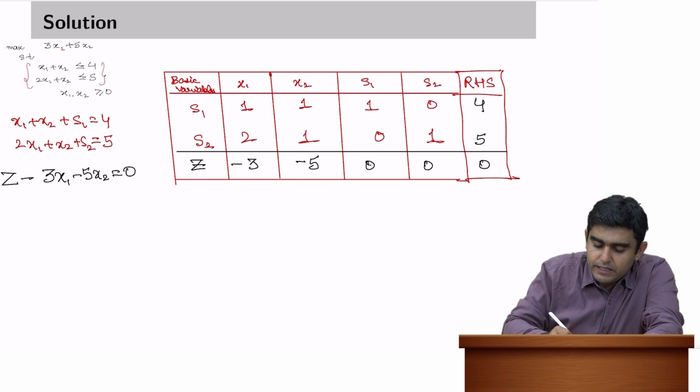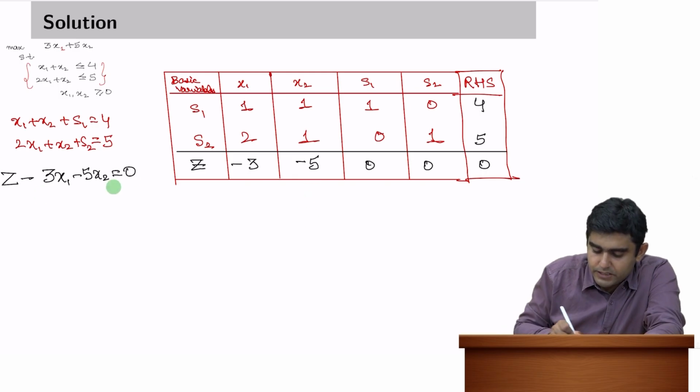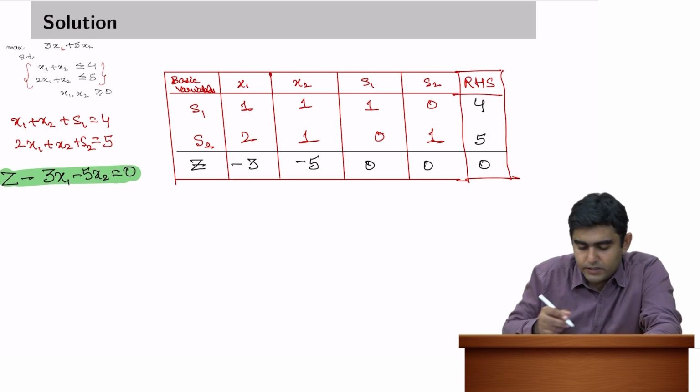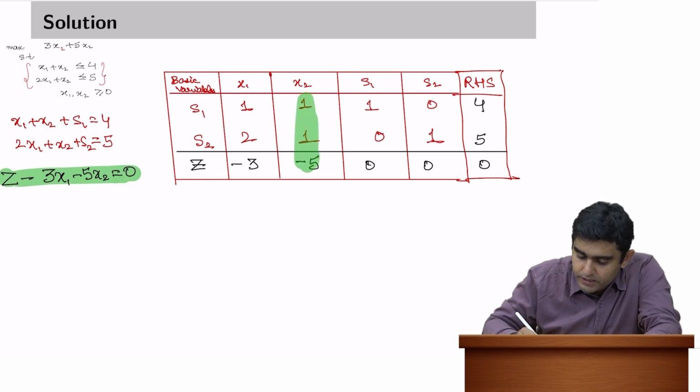Now, we learned that we select the entering variable as the one with the maximum negative coefficient when our objective function is written in this particular form, because if I increase the value of x2, my objective function is going to increase 5 times faster, in comparison to a 3 times increase if I increase the value of x1 by 1 unit. So this is going to be the entering variable. I will highlight my entering variable in green.